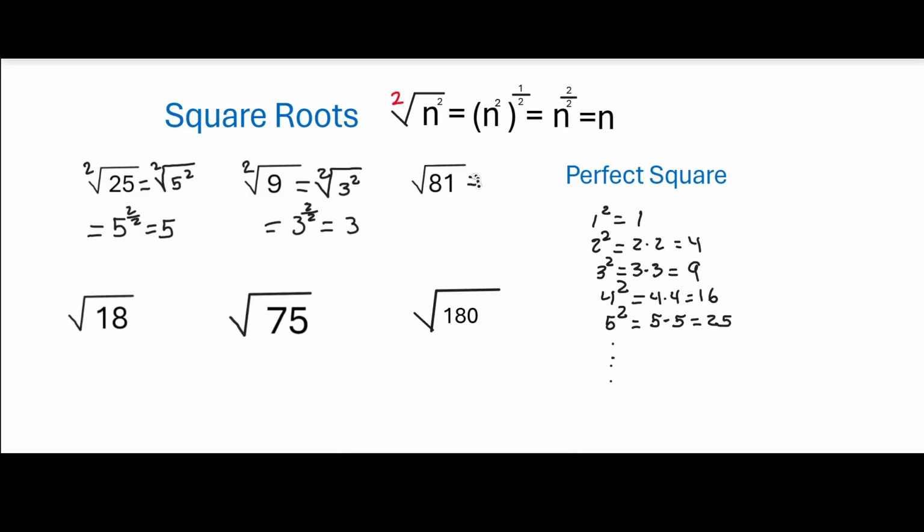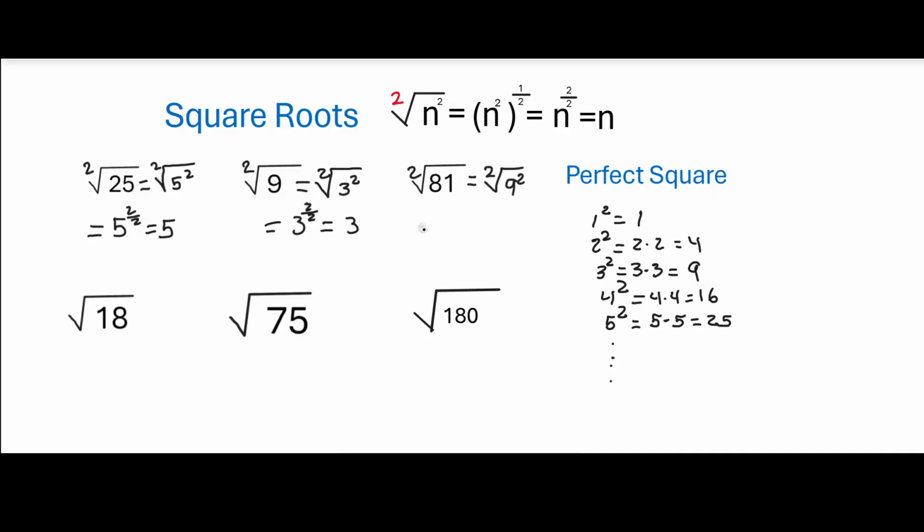The next one, 81. 81 is going to be a product of two numbers, and they have to be the same number. So that would be 9 squared. 9 times 9, the answer is going to be 81. So now we're going to say a square root of 9 squared.